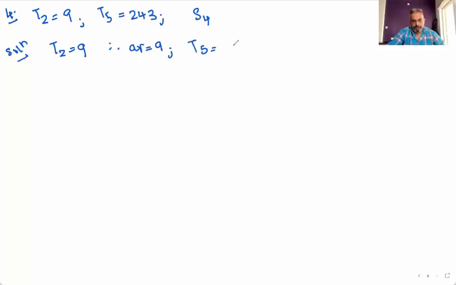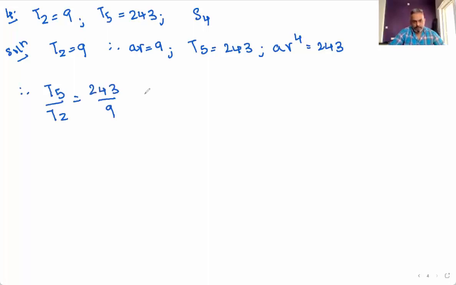T5 is equal to 243. So A into R raised to 4 is equal to 243. Therefore, T5 upon T2 is equal to 243 upon 9.